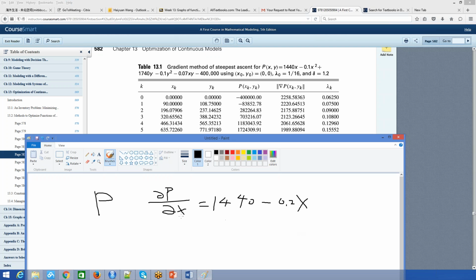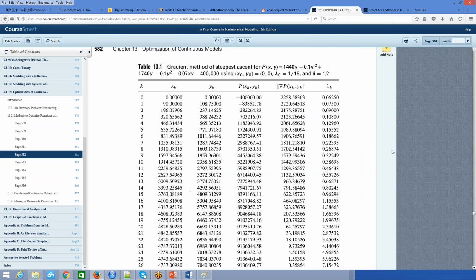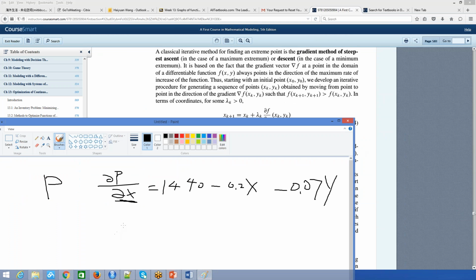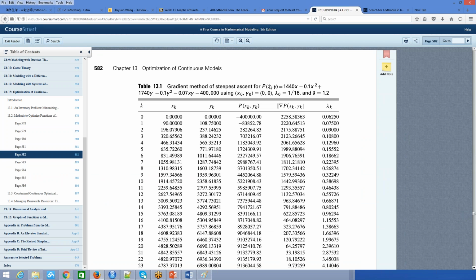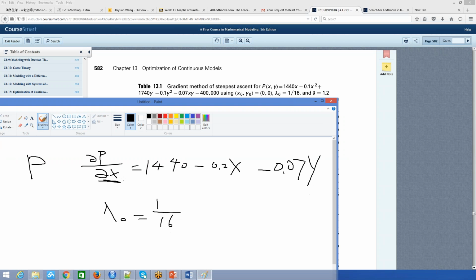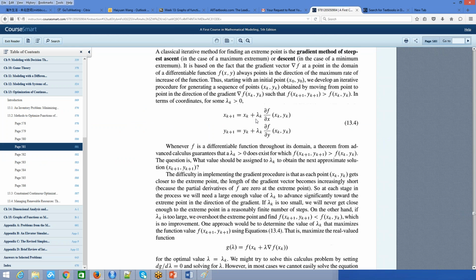Yes, if you take the first order derivative for x, okay, I missed that part. Then you essentially get this value, and your lambda k, which is lambda 0, is 1 over 16, I believe. So you get lambda 0 times this, which is this component.